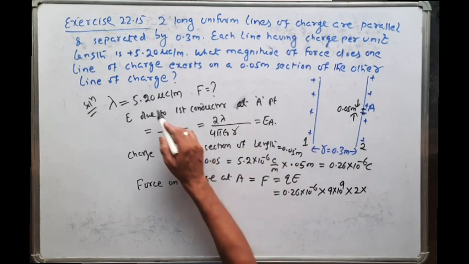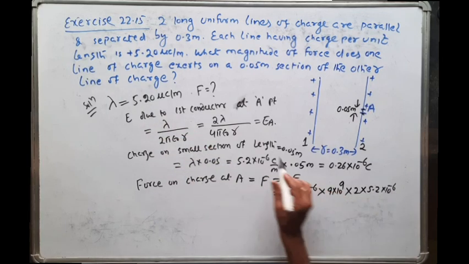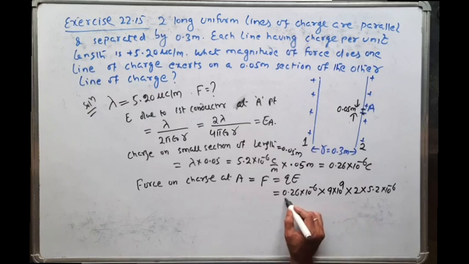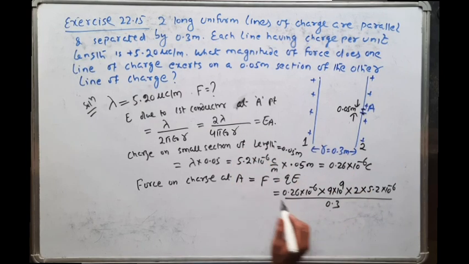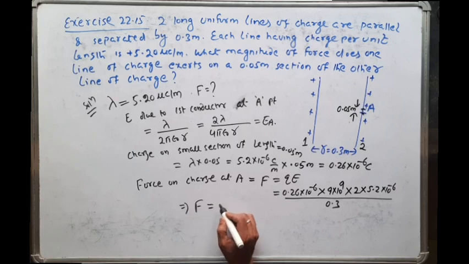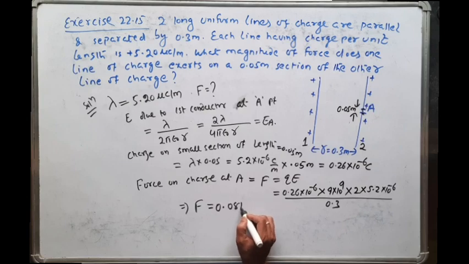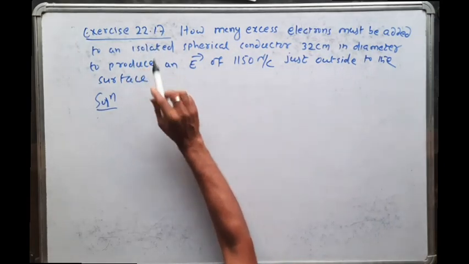Lambda is 5.2 into 10 to the power minus 6, divided by R. What is R? R is 0.3. Just calculate. You will get F equal to 0.0810 Newton. So this is the solution. This is the last exercise problem, that is 22.17.